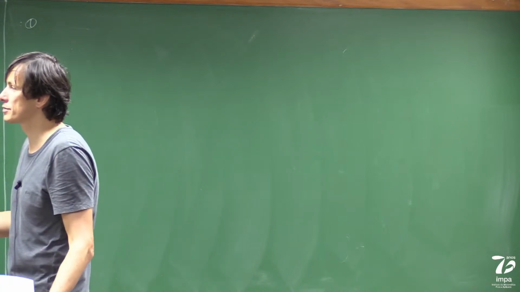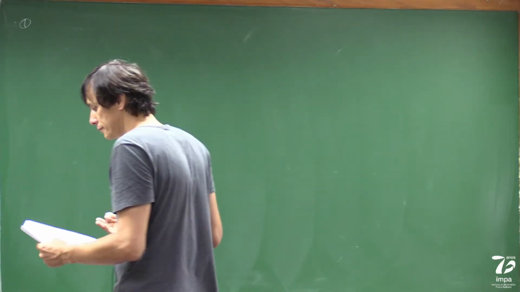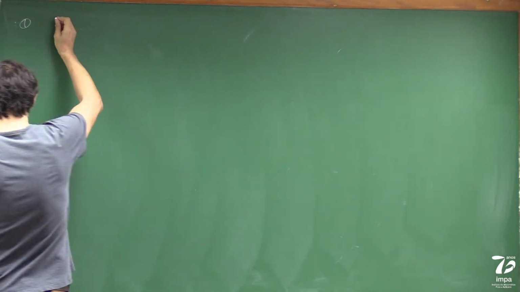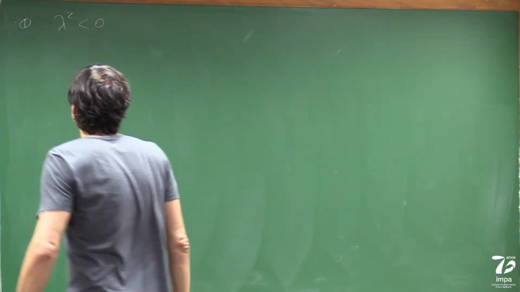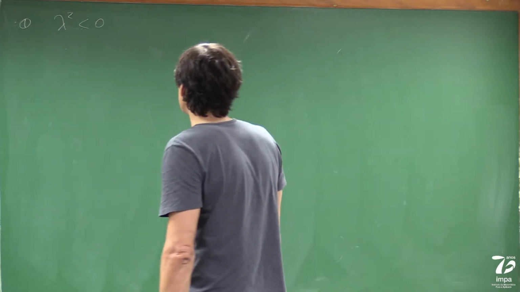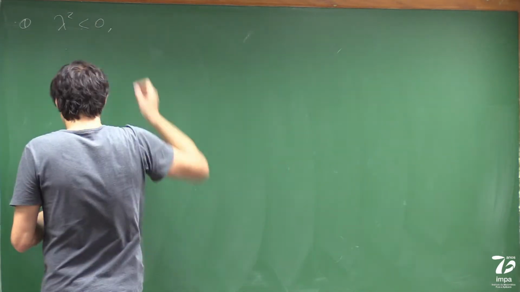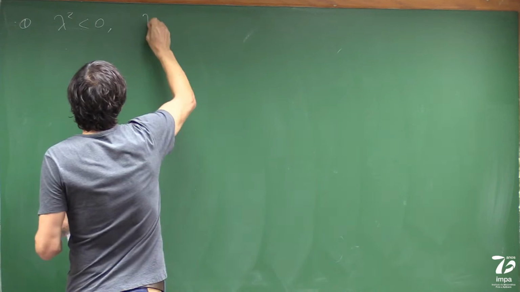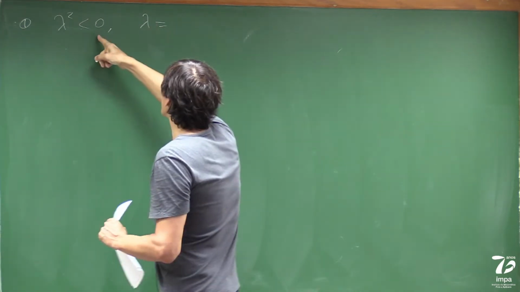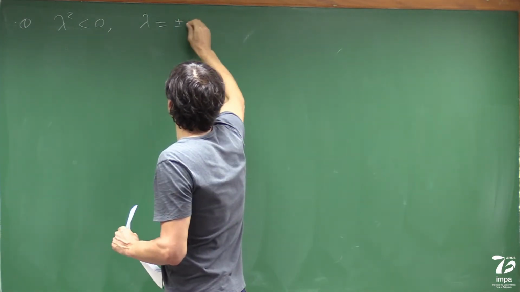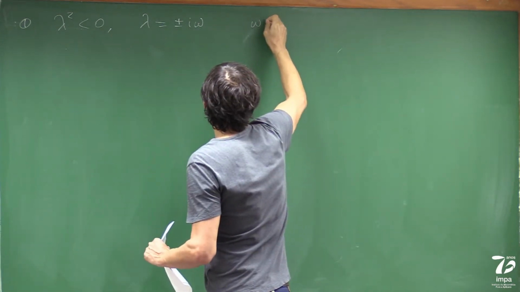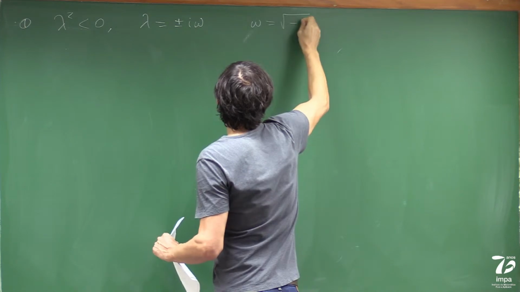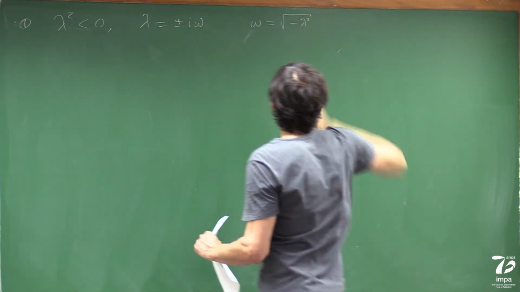Lambda squared is real, so it can be positive, negative, or 0. Let's start with negative. So this is the first option: lambda squared is negative. Then lambda is the square root of a negative value, so it's plus minus i omega, where omega is the square root of minus lambda squared.